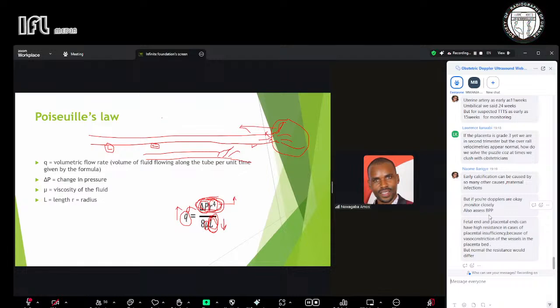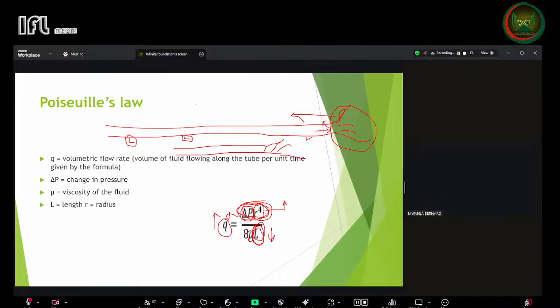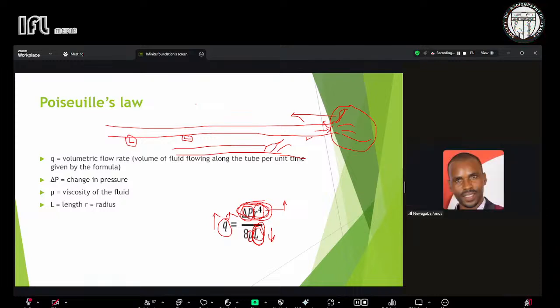And when you compound all these things, you look at them as one. You have done this, you've done that, and you look at what you have together, not just looking at the Doppler in isolation. That should be able to make you decide what you do.